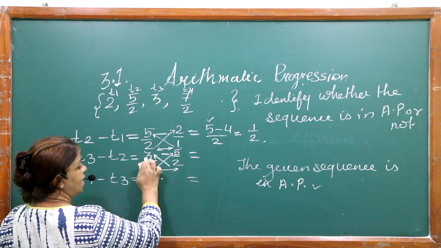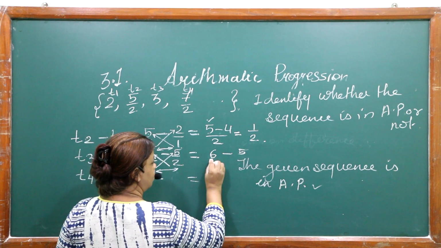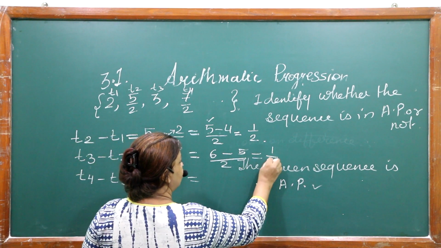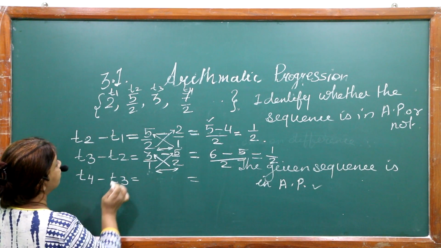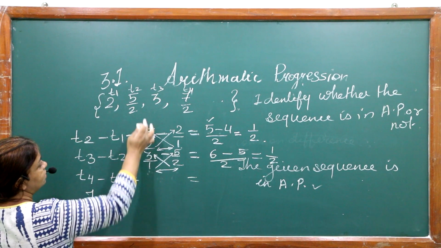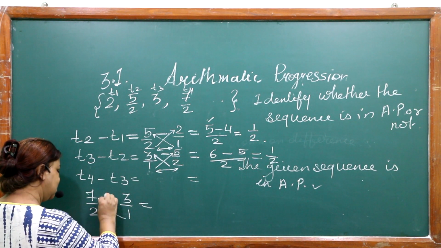So 2 3s are 6 minus 1 5s are 5 upon 2 1s are 2. 6 minus 5, 1 upon 2. Now I'll write it here. T4 is 7 upon 2 minus 3 upon 1. Multiply this.